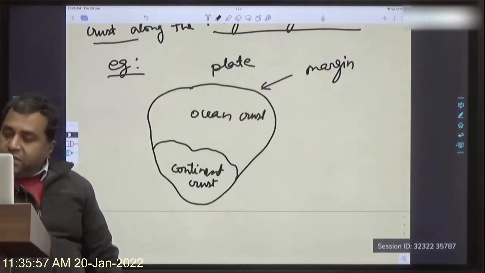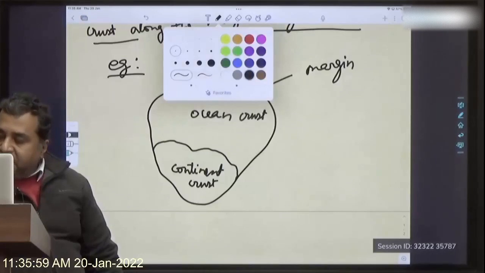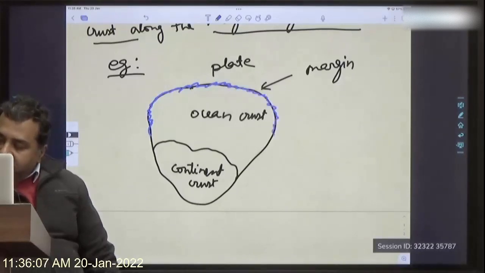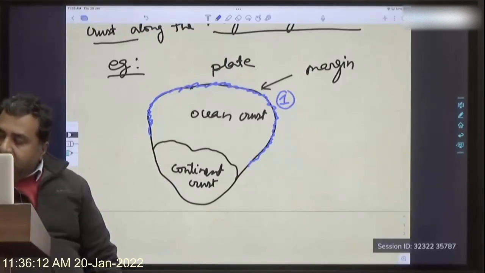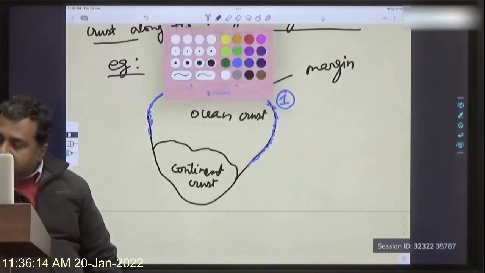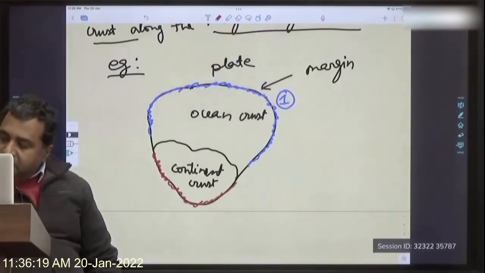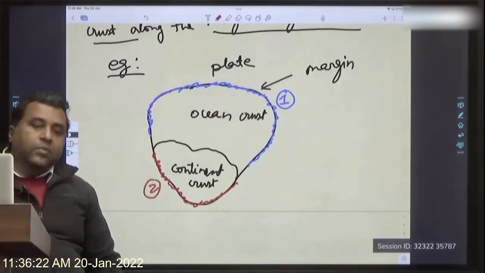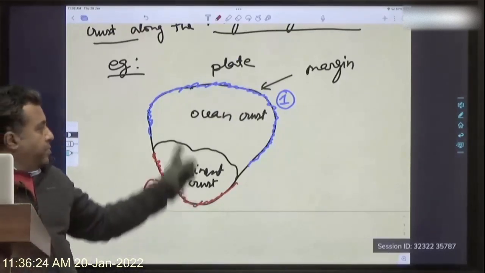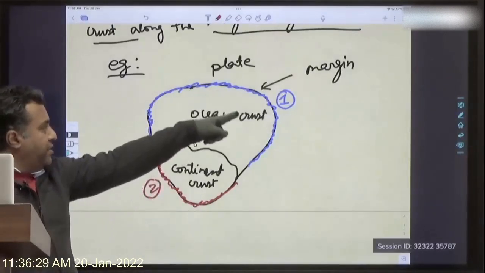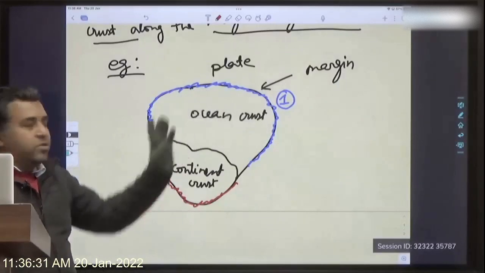Okay. So if I ask what is the crust along this margin, I'll name it margin 1, and what is the type of crust along this margin 2. I hope we can see that if we see this whole plate, along margin 1, that bluish color margin, the crust is oceanic crust.